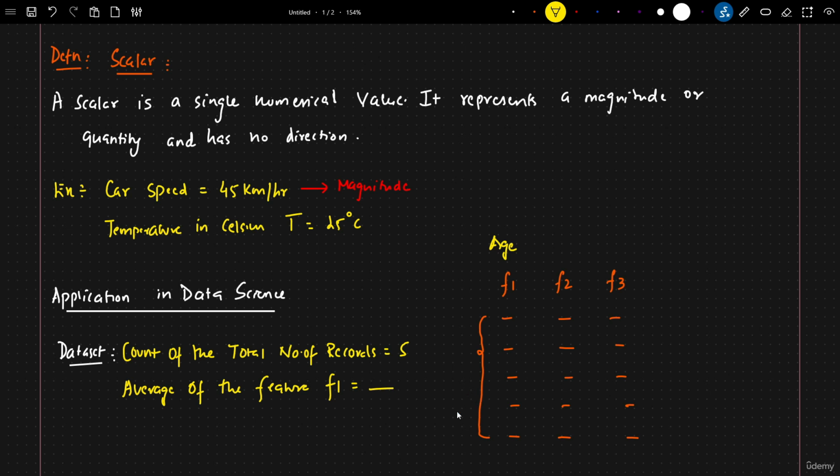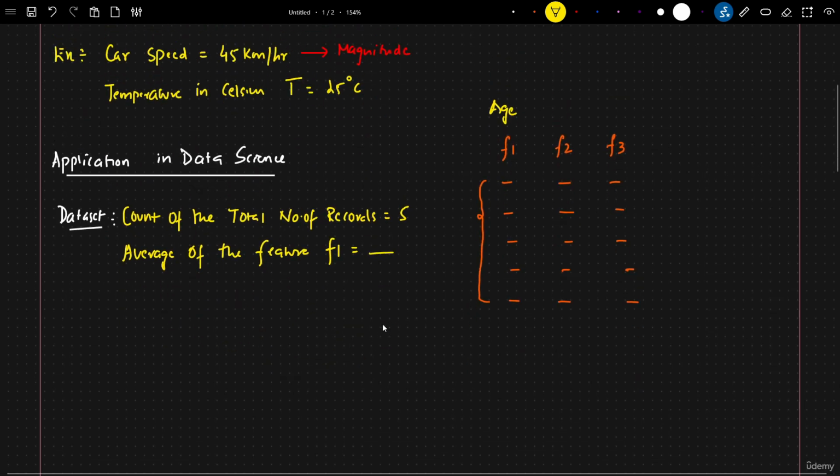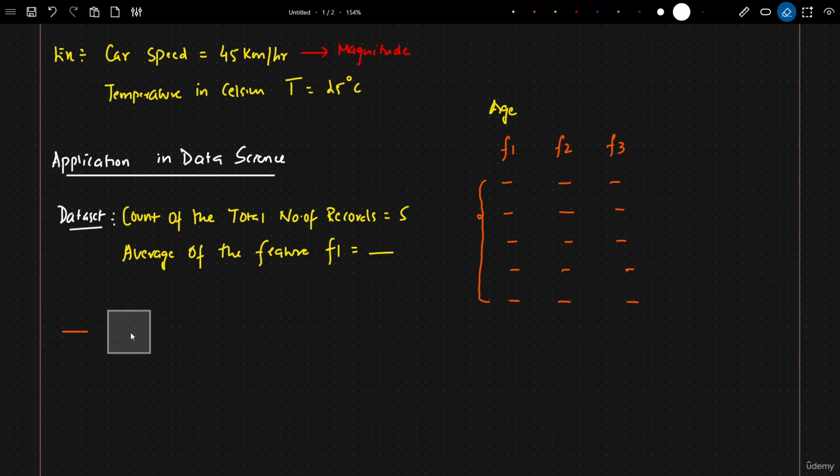One of the best examples that we can consider is a regression problem. There is a machine learning algorithm related to regression called simple linear regression.